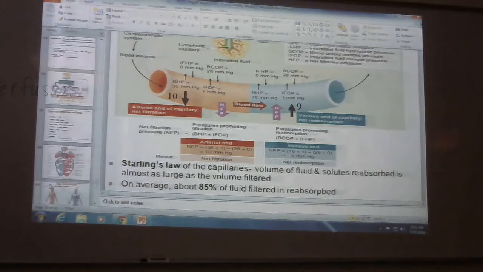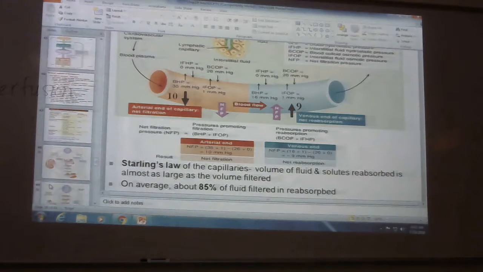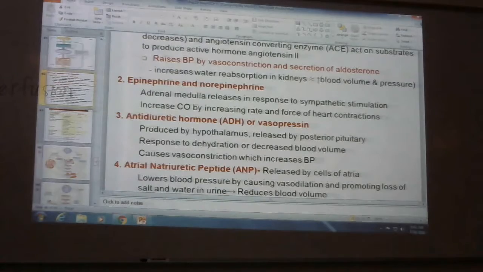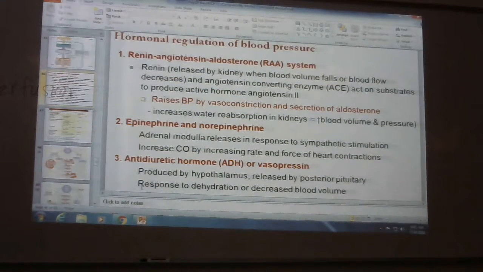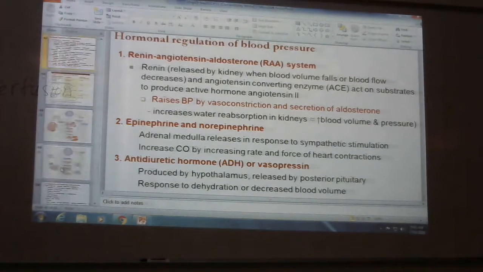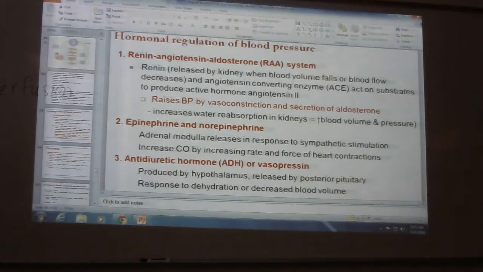Before we move on with this one, you know that there are several factors that can affect your blood flow, or the flow of blood, or tissue perfusion. Tissue perfusion is always the goal. So you have baroreceptors, you have chemoreceptors, you know the function of epinephrine, norepinephrine, antidiuretic hormone.